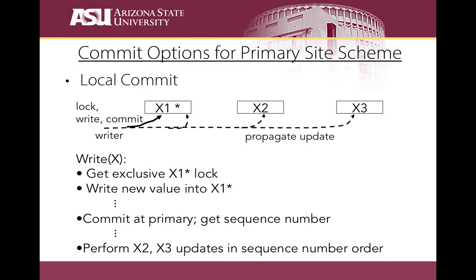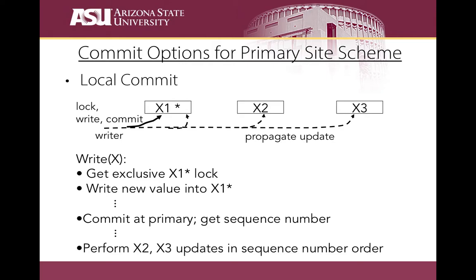So the gentleman in the back mentioned that that means that you can get multiple values of x2 and x3, because you didn't lock it, and you didn't update it immediately. Yes, this will happen, but after the commit, this propagation has a sequence number, and this sequence number will be resolved once you want to update the value of x2.